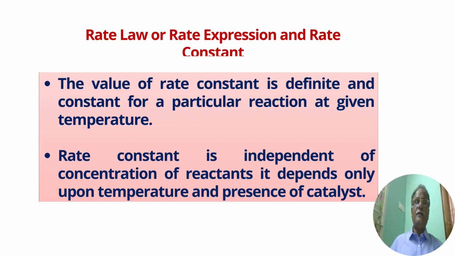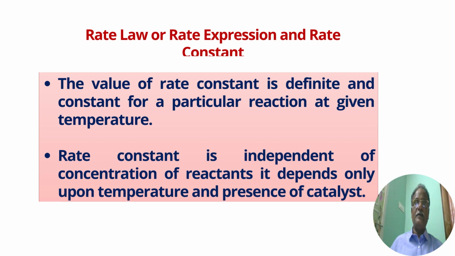The value of rate constant is definite and constant for a particular reaction at a given temperature. So note down that the rate constant is temperature dependent. Rate constant is independent of concentration of reactants. It depends only upon temperature and presence of catalyst.